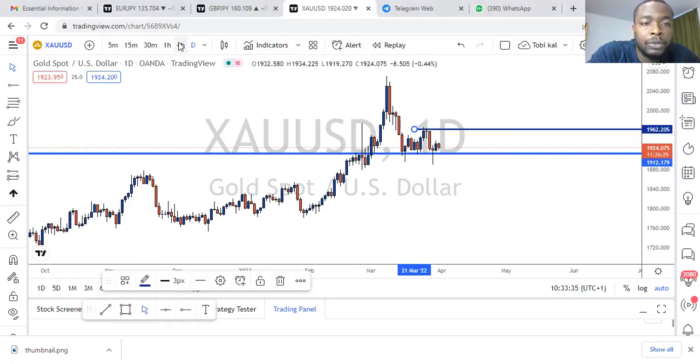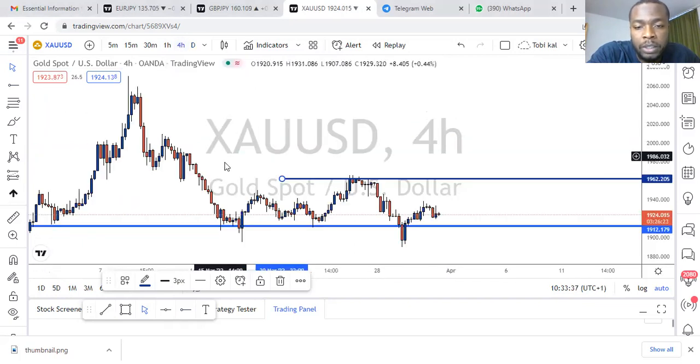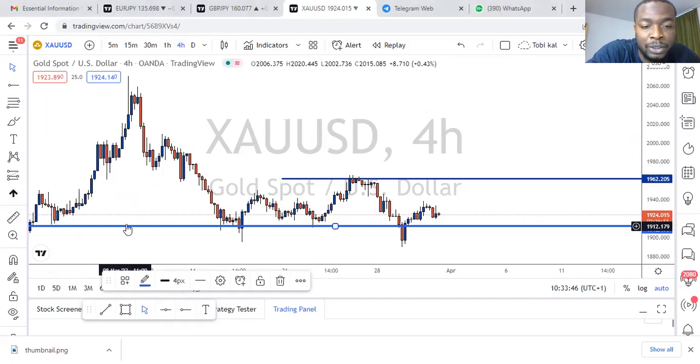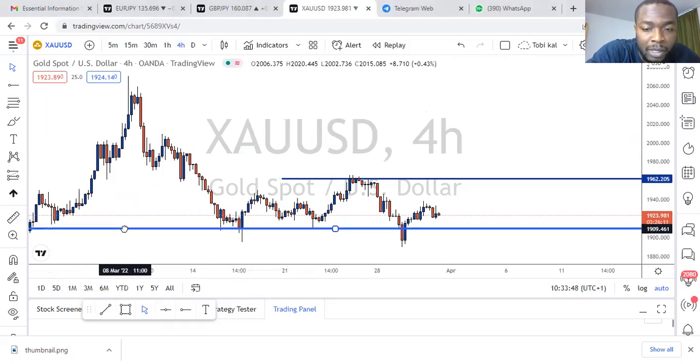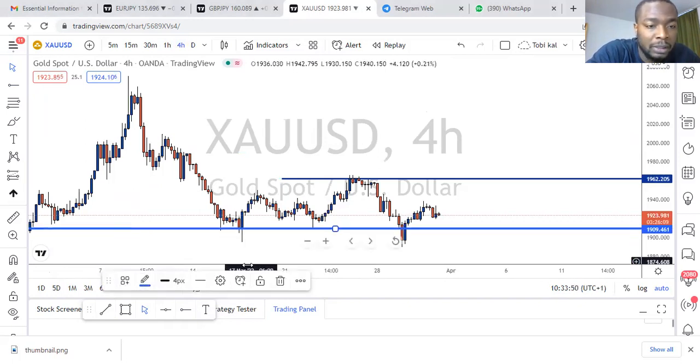So let me go down to H4, I want to see. There are so many things I didn't teach you guys on candles, because I can't cover everything in just one. When you see two candles like this, these two H4 candles, I think that's something like an 8-hour candle.